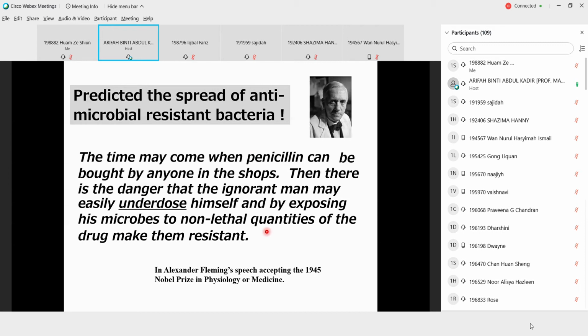Nowadays we are very strict with the regulation because of antimicrobial resistant bacteria. It's overwhelming. So the doctor will really check whether you need antibiotics or not. If you have a common flu, you don't go for antibiotics. Antibiotics are now reserved for severe bacterial infection.